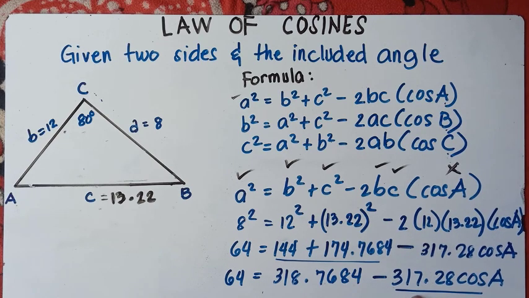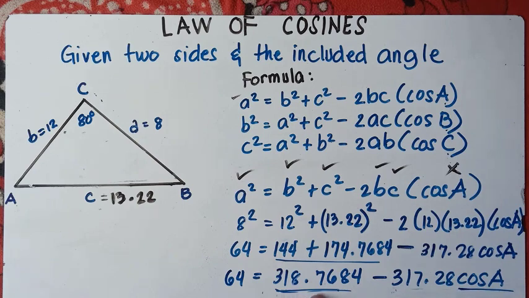As you can see, 317.28 has a variable, it means cosine A. If you subtract it here, that's impossible, class, because these are all numbers, but this one has a variable of cosine A. So once again, do not subtract this one because there's a variable cosine A.